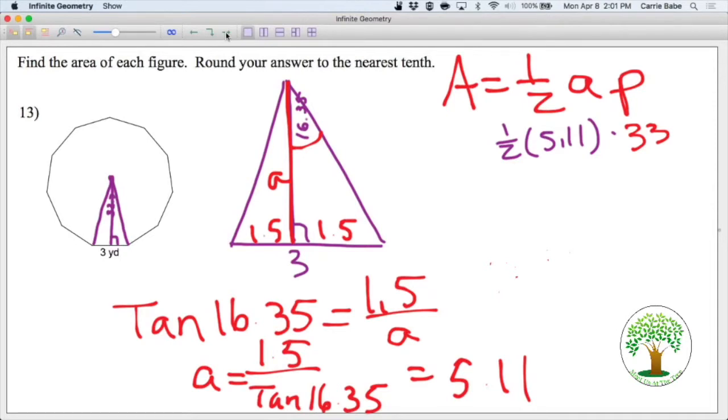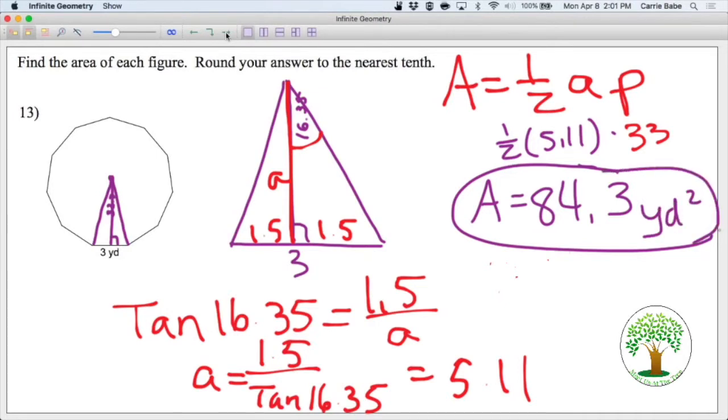Never mind, my calculator did not do what I told it. I got 84.315, and it's just to the tenth. Yes, I got 84.3. And then yards squared.